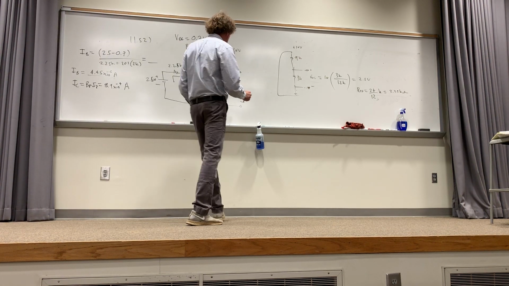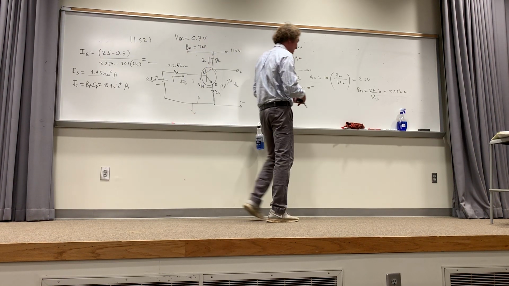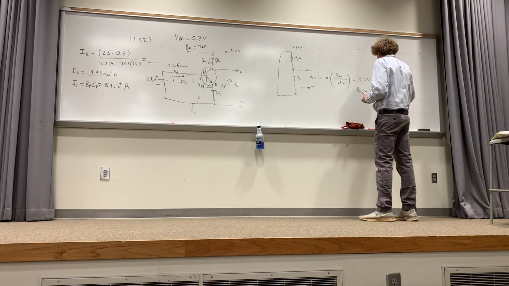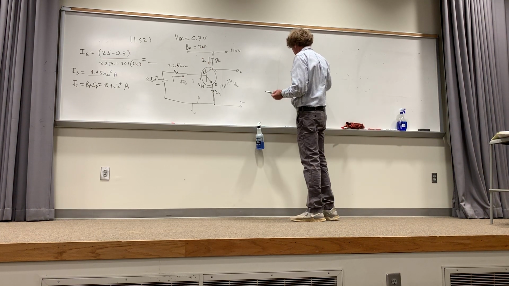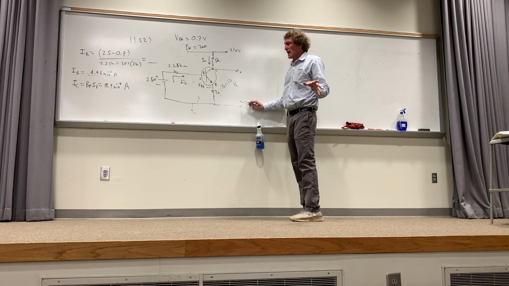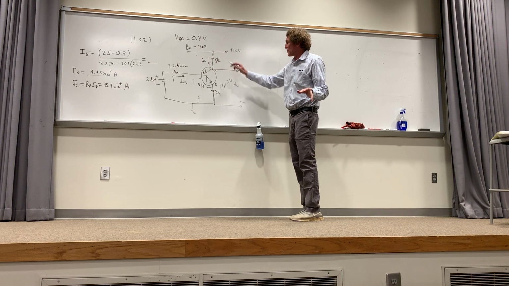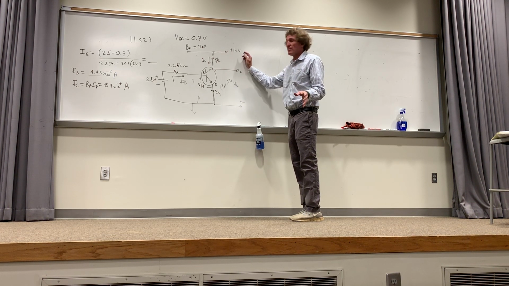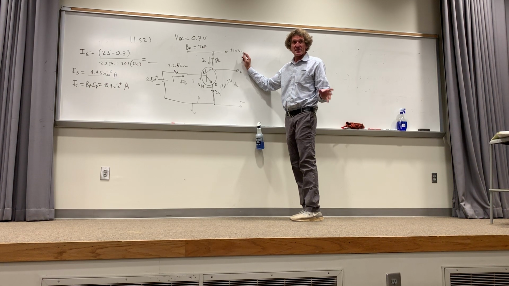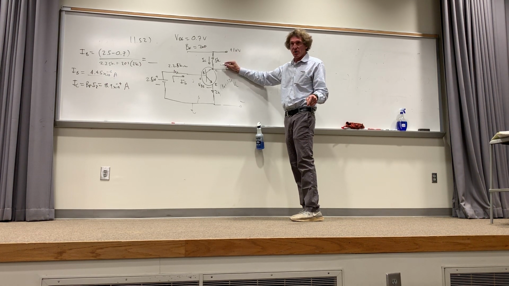Now, to get this VC, how do I get this right here, guys? That's the voltage between the collector terminal and ground, from here to here. Well, ask yourself this: if this resistor wasn't here, what would it be from here to here? It would be 10 volts, right? So it's 10 volts less this voltage. Y'all see that, class?